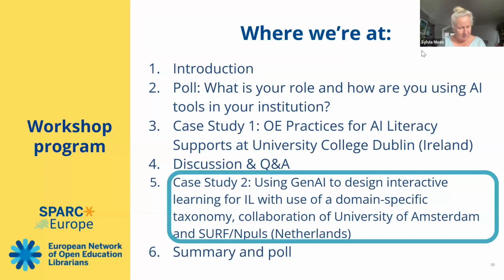Harry and I talk about the case study, a pilot study, how we can use AI in combination with diverse tools we created, and how we support on a national level the creation of interactive learning for information literacy and using an MCP to find the right open materials on learning outcomes.